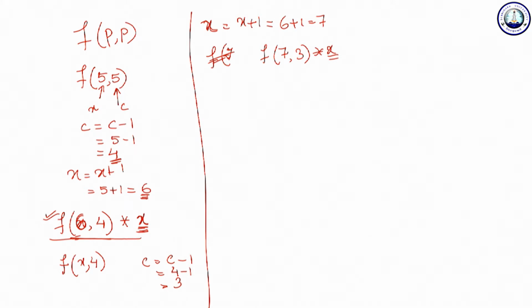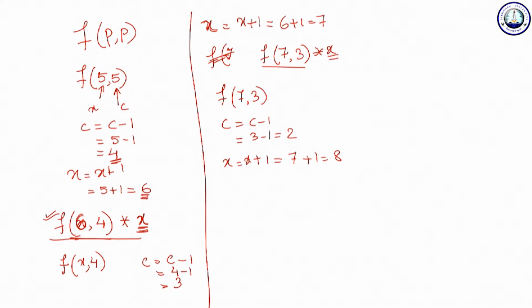Then again we call this function f of 7 comma 3. So, c is equal to c minus 1, that is 3 minus 1, which is 2. And x is equal to x plus 1, that is 7 plus 1, which is 8.